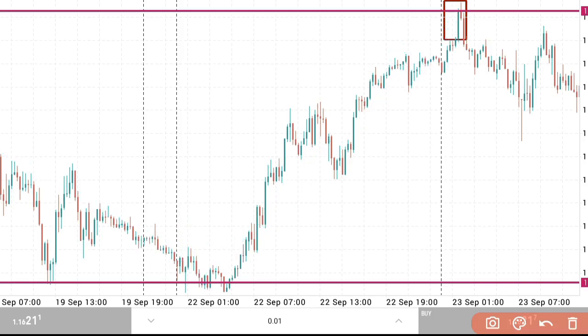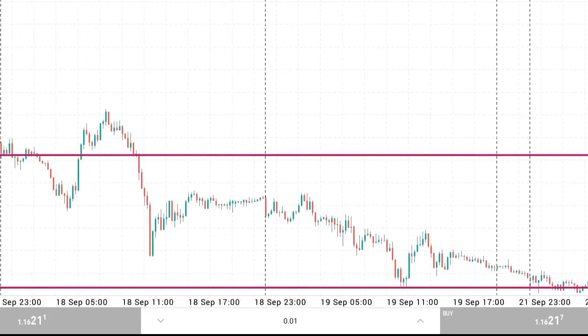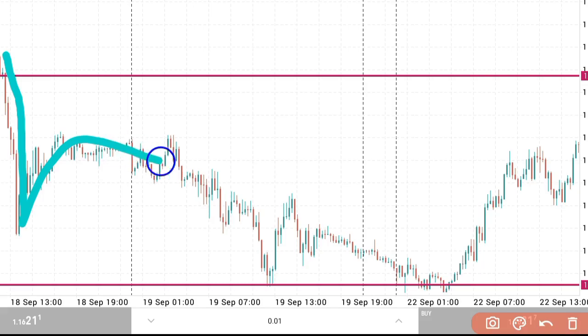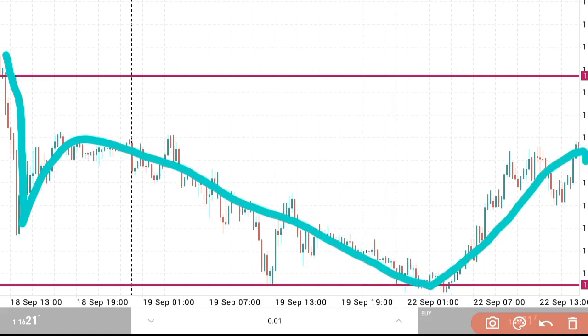Now, supply is the willingness or the ability of sellers to actually sell a commodity or an asset at a given price. The higher the selling pressure, the more bearish the market. Now you look at it. We begin to sell from here. There was a selling pressure here. You see it, and then we began to sell down to this point before there was a movement upward.